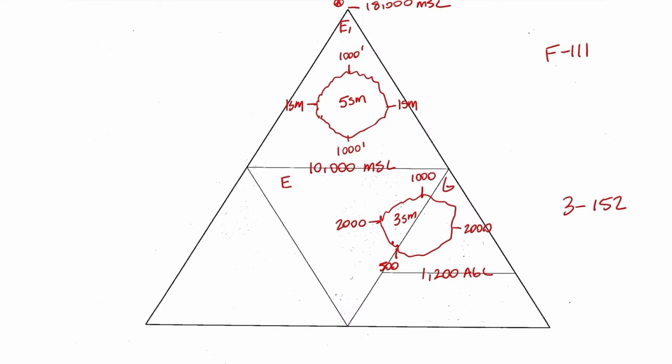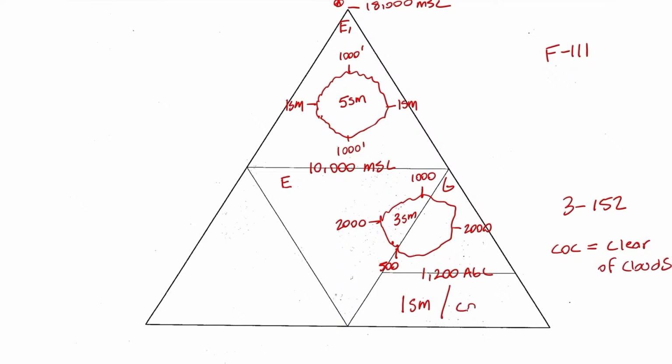Okay. So Class Golf generally starts at the surface and goes up to 1,200 feet AGL. And if you're flying in Class Golf from the surface up to 1,200 feet AGL, then very simply what you need to do is you need to have 1 statute mile of visibility. I'm just going to put a slash here and remain, I'm going to put COC, my abbreviation for clear of clouds.